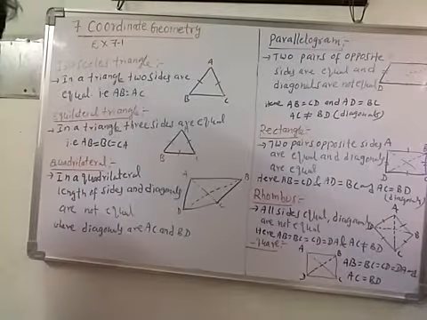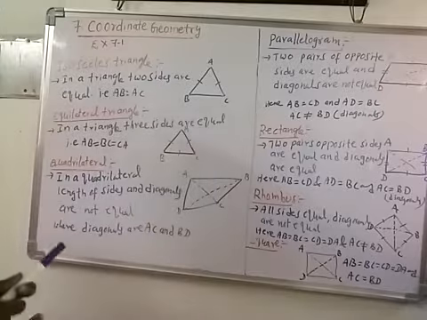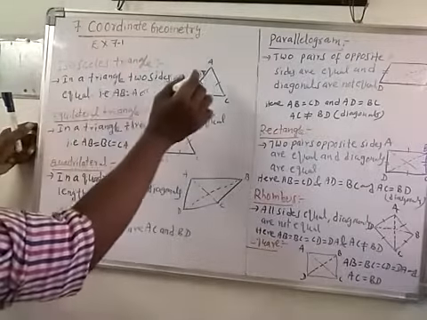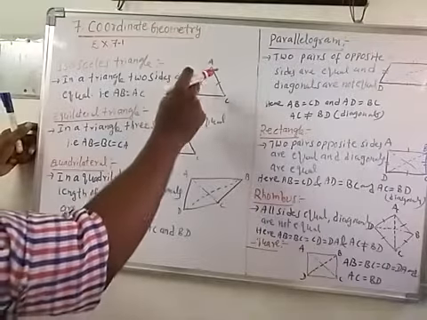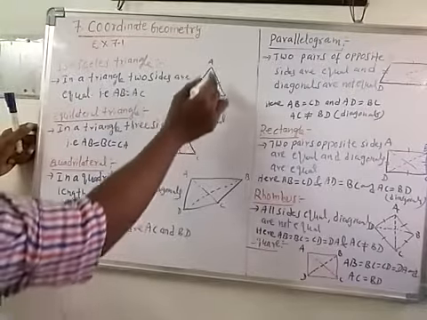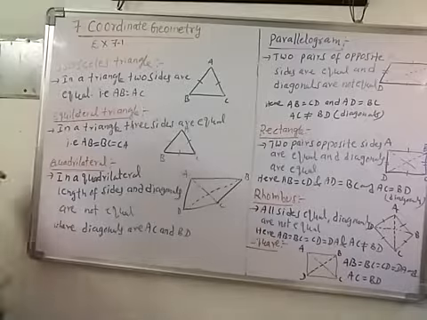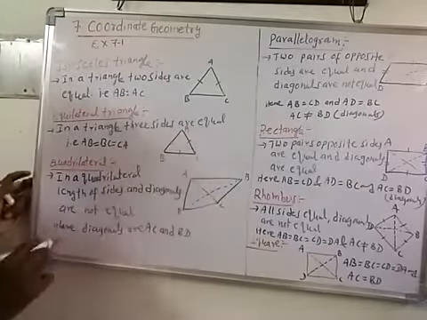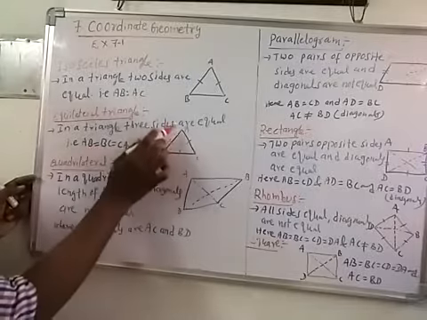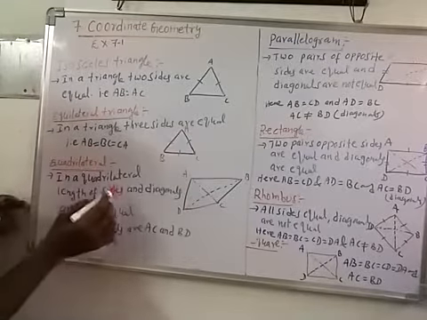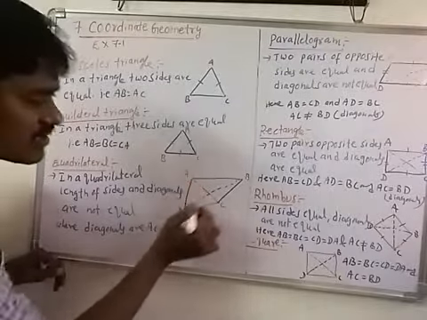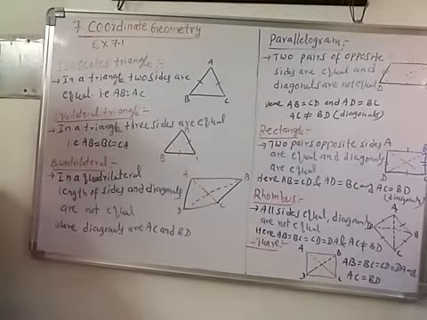Now I will explain some properties of geometrical figures. An isosceles triangle means in a triangle two sides are equal, that is AB is equal to AC. An equilateral triangle means all sides are equal, that is AB is equal to BC is equal to AC. In a quadrilateral, four sides are different and the diagonals are not equal.